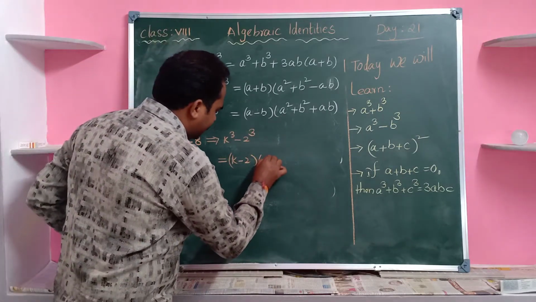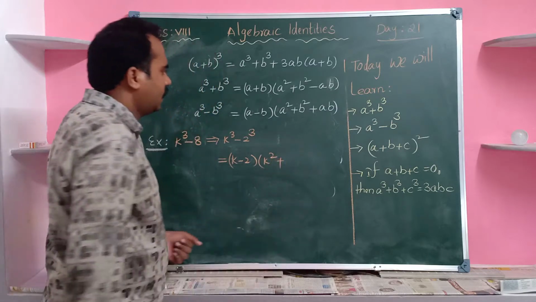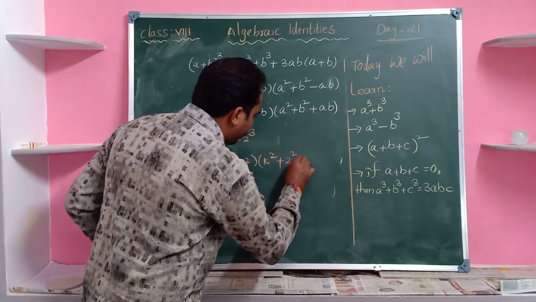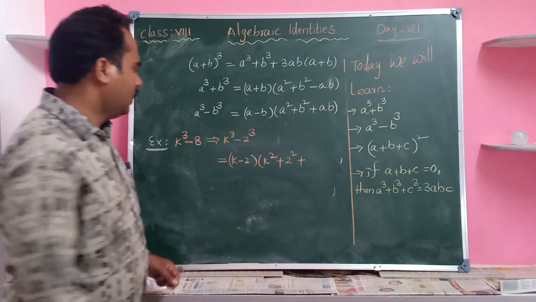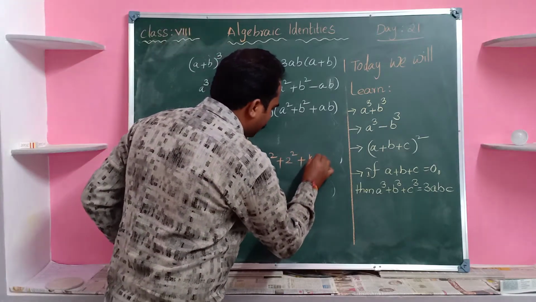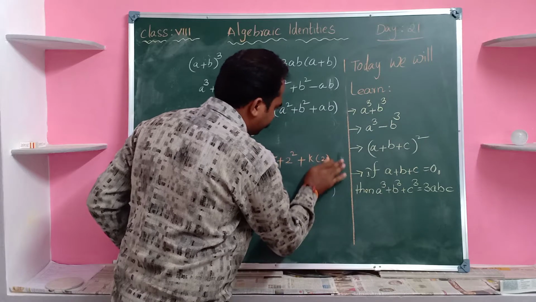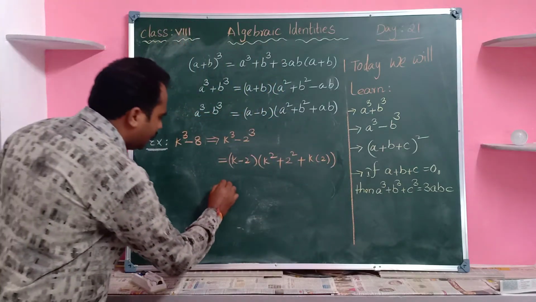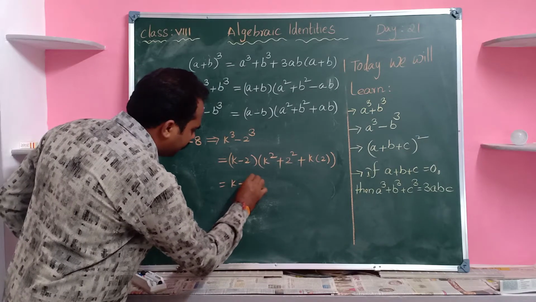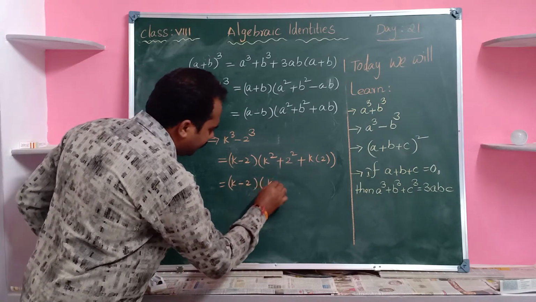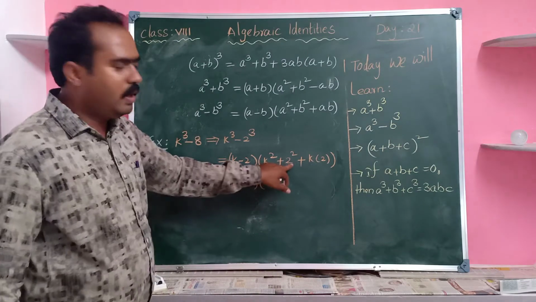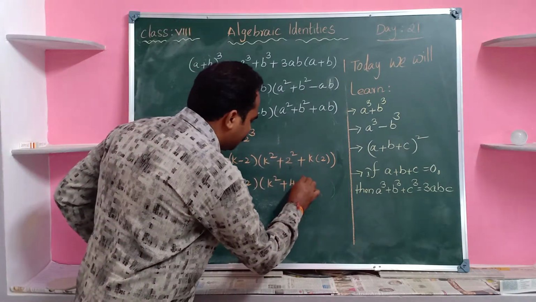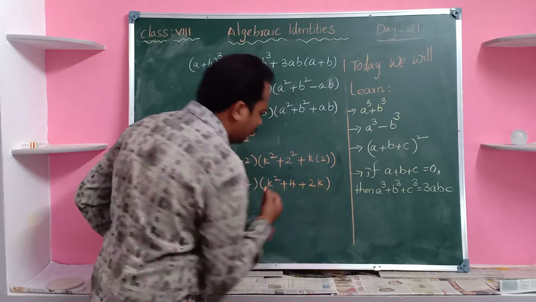a^2 means k^2, plus 2^2, plus k into 2. That is equal to (k-2)(k^2 + what is 2^2 value? 4, + 2k).